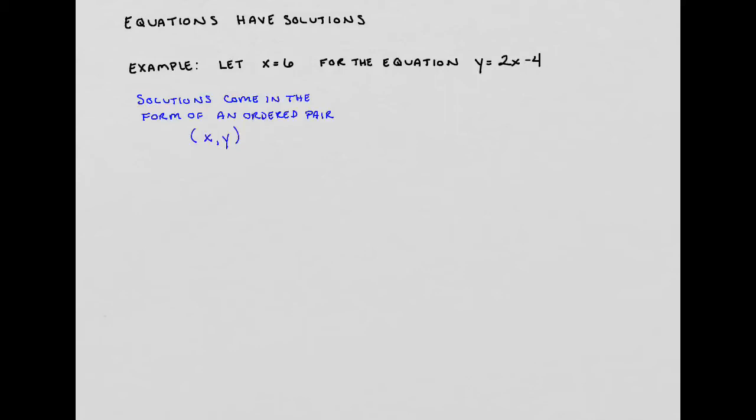In the case of this problem, they've given us half of a potential solution. In order for us to figure that out, we would need to substitute the 6 into this equation. If we know that x is equal to 6, we can take this 6 and substitute it into the equation. So we will have y is equal to 2 times 6 minus 4. Now we need to be careful using order of operations.